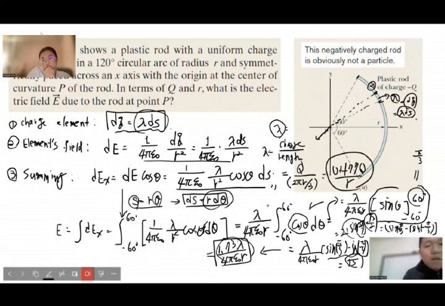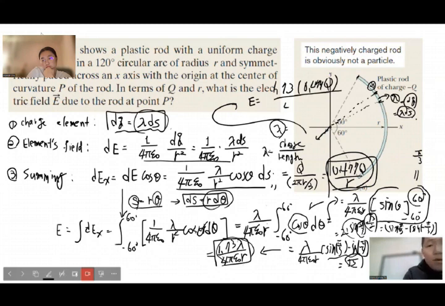Let's replace lambda with this. Then the total electric field E should be 1.37 times 0.477 Q over 4 pi epsilon r squared, right? Now you just replace this lambda with this result, and the electric field looks like this.